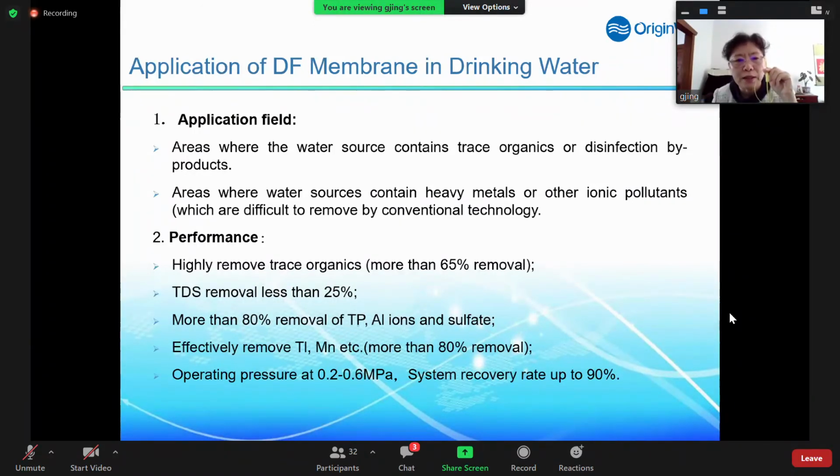And we can keep the TDS. We remove less than 25% of TDS, keep the minerals in the water system, and keep the pH. No change in pH.